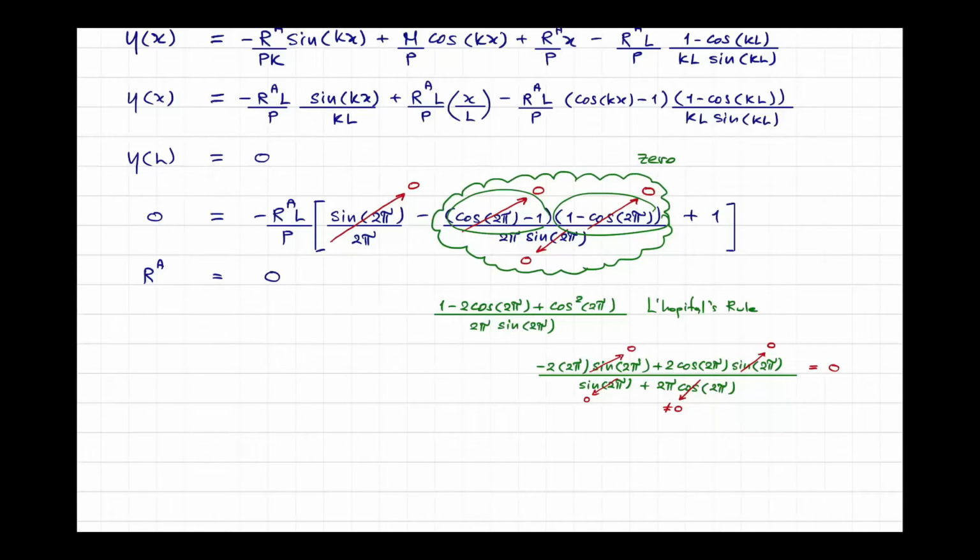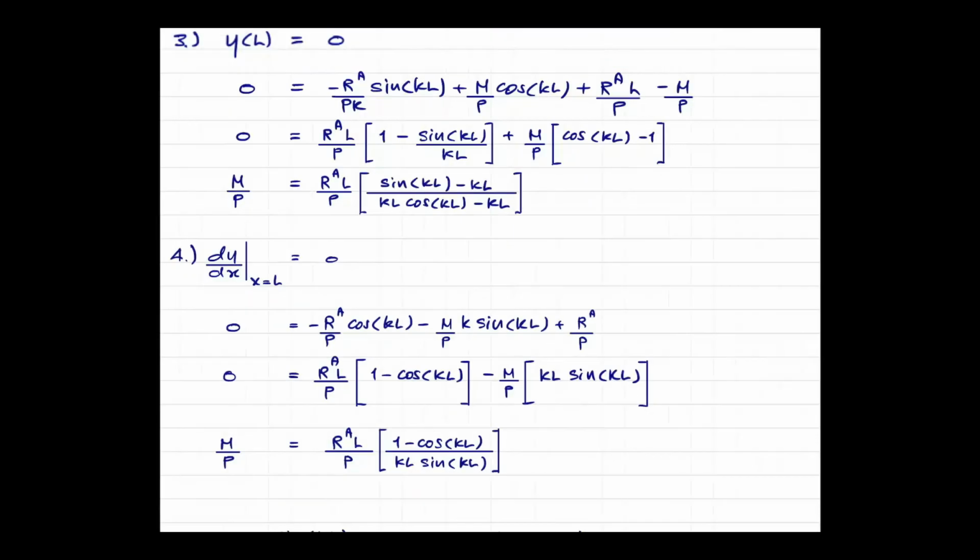We know that RA is going to be a function of K. We know that P is also going to be a function of K, right? But we try to solve for this number. If RA turns out to be a function of K, then we should be able to find RA in terms of a K function.